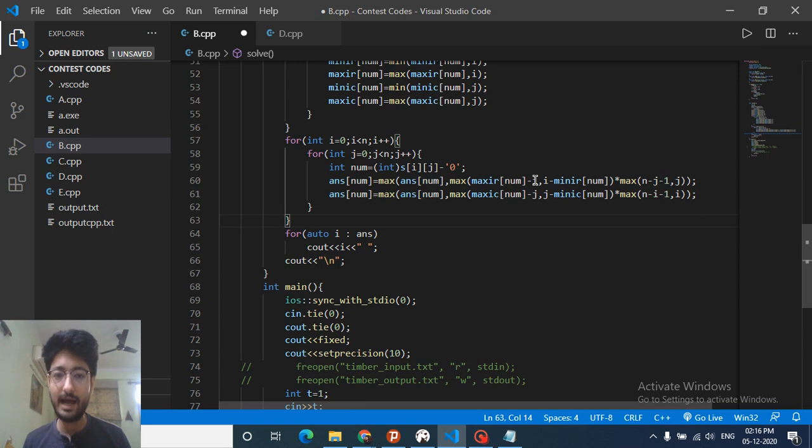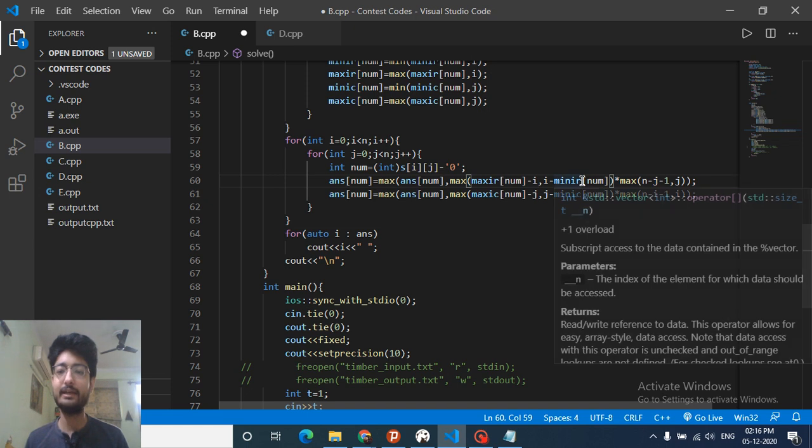So let's assume that I am on the ith coordinate. Then if I find the maximum row position, the maximum row column minus my current row column will give you the base length. And I have two options. I can either go to the maximum one from this current length.